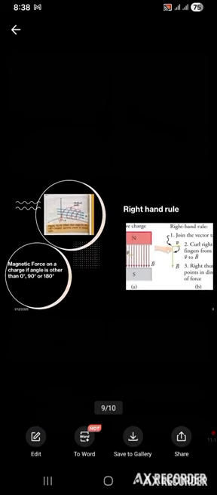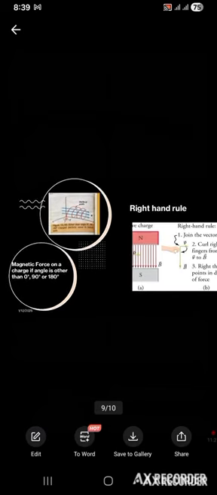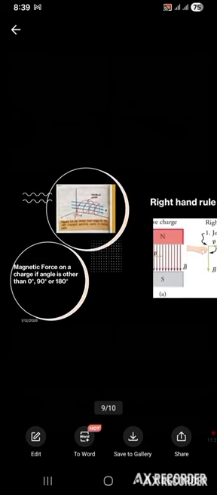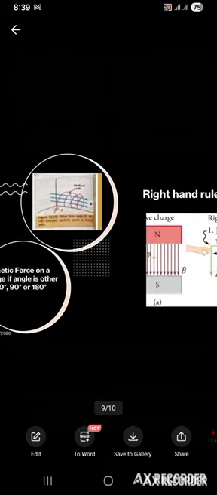This slide shows a charge in the field moving in a helical pathway rather than a circular pathway. It happens when the angle theta is not 0, not 90, and not 180 as in the previous conditions, and because of the sine theta, the pathway will be helical rather than circular.